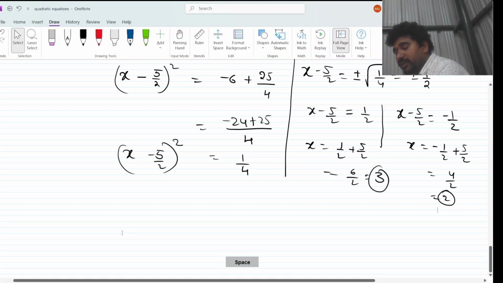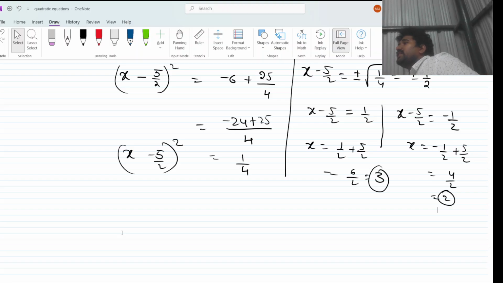What does that mean? Check whether they are quadratic equations or not. Understand? You know, right? For a quadratic equation, how should the highest power be? It should be 2. Highest only should be 2. Understand?